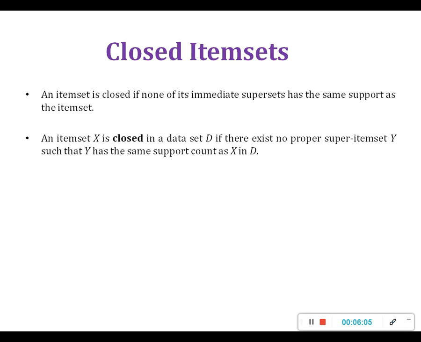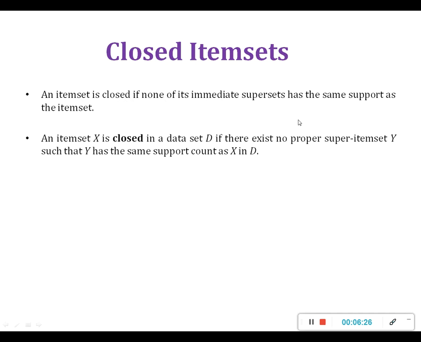So whenever we want to say that my item set is closed, when can we say it is closed? If none of its immediate supersets has the same support as the item set. Means, for this item set I want to calculate whether it is a closed item set or not.